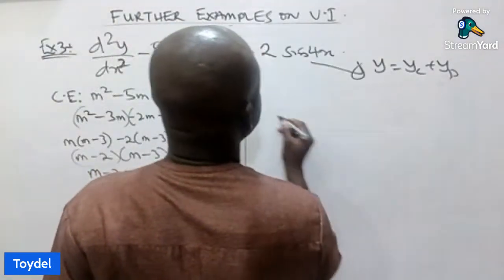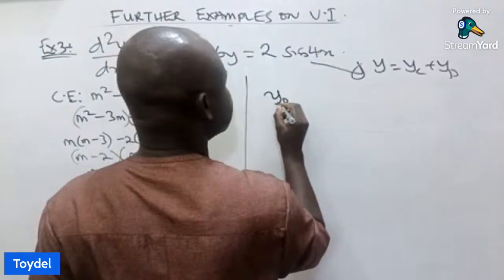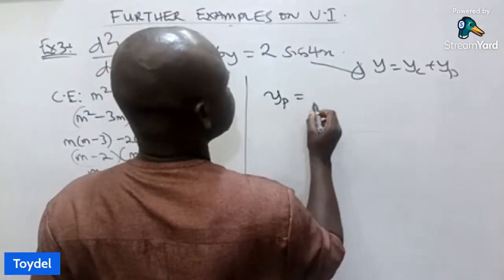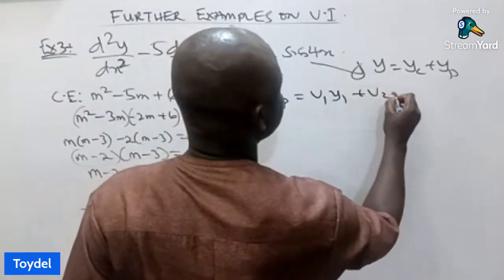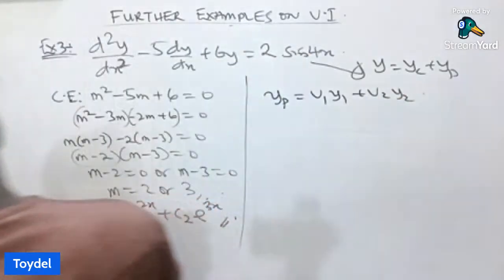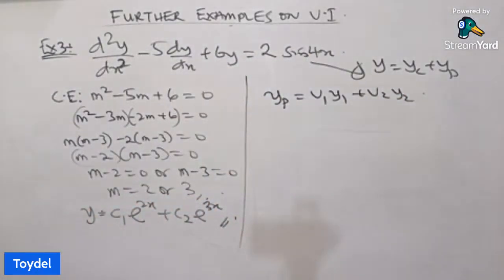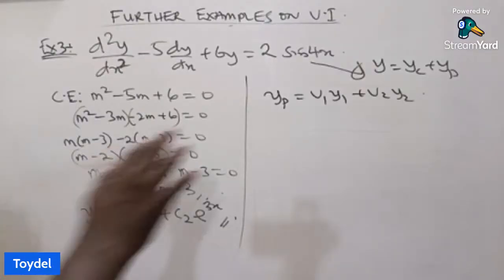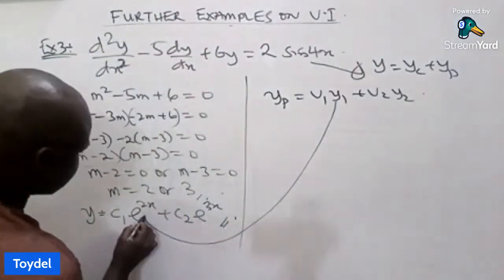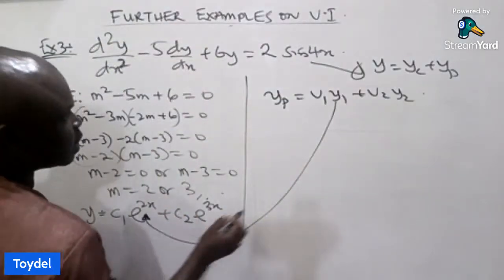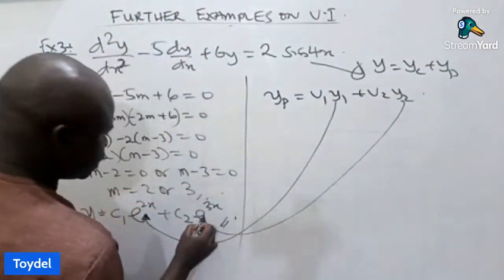By formula, the particular integral will be v1 y1 plus v2 y2. So what is the value of v1 and the rest? Of course, y1 will be the first one, then y2 will be the second one.